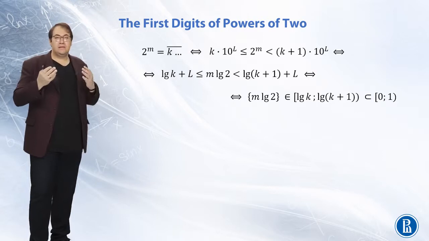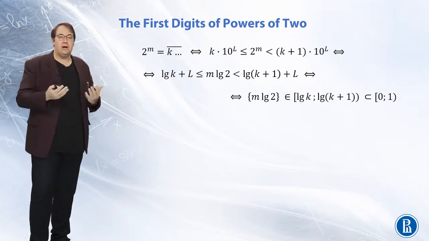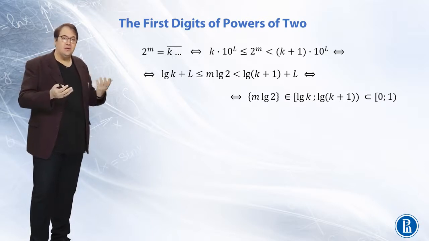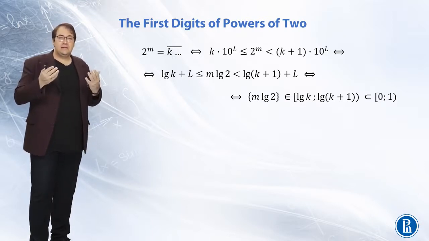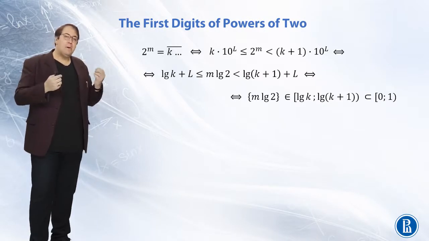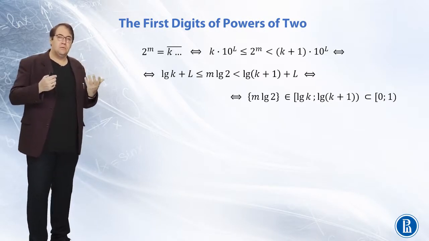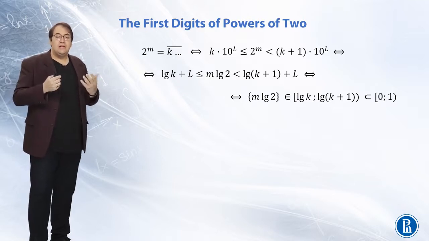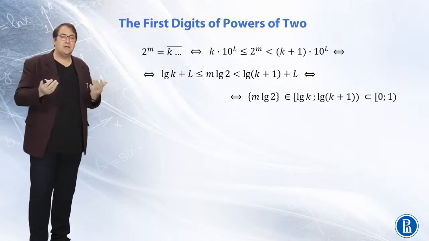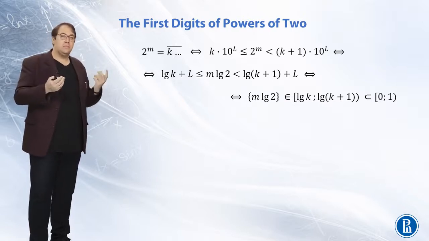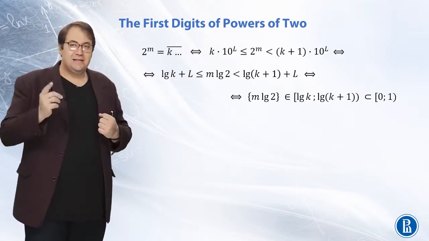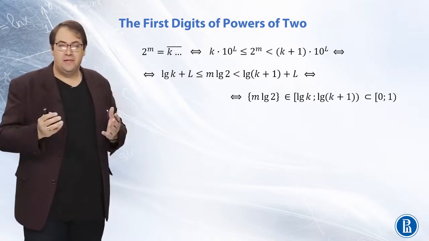So we go to the fractional part of all three values and finally end up with the fact that m multiplied by log base 10 of 2 should be inside an interval or a semi-interval between log k and log (k plus 1). And this looks very familiar.